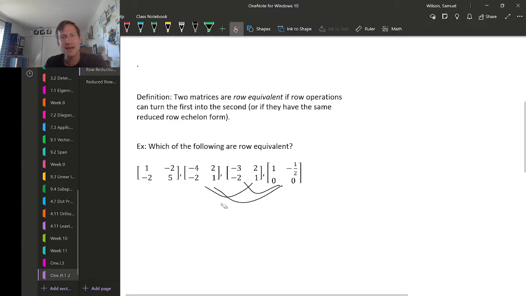The other problem with a direct approach to attacking this kind of question is that if we can turn one matrix into another with row operations, we can demonstrate that just by writing down the appropriate row operations. But it's much harder to prove in a direct way that you cannot turn one matrix into another just with row operations.